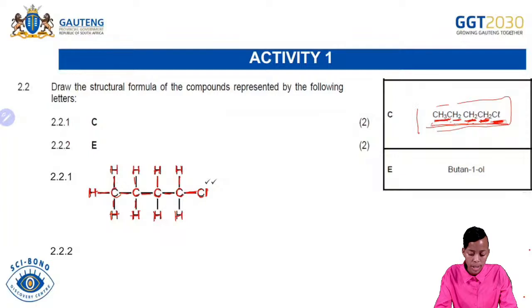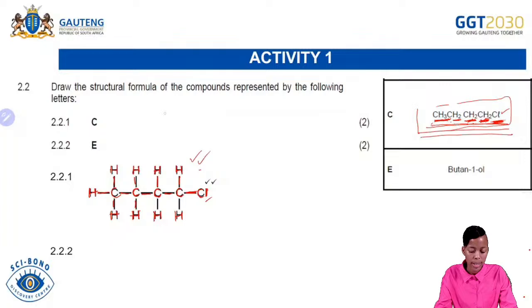Okay, then again, just to make sure, you can count the number of carbons and hydrogens that you have, and they must match the number of carbons and hydrogens according to your structure. You will also check the number of chlorines that you have on your condensed structure, as opposed to your structural formula.